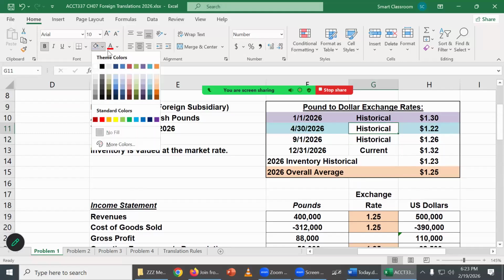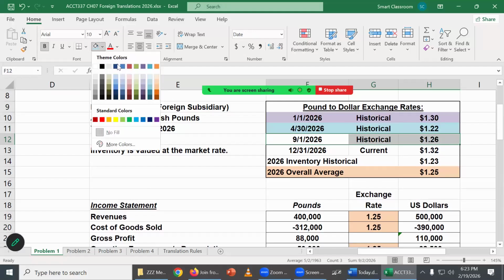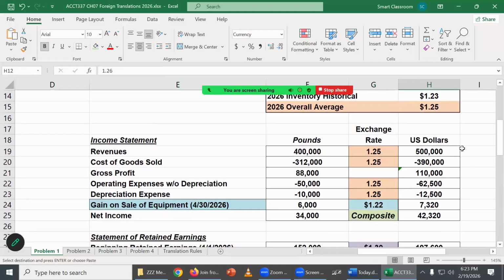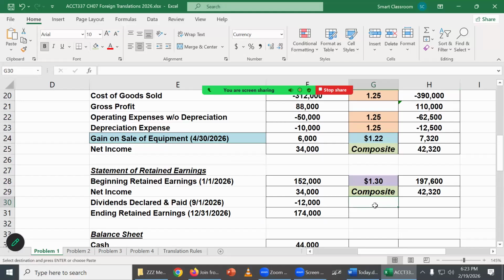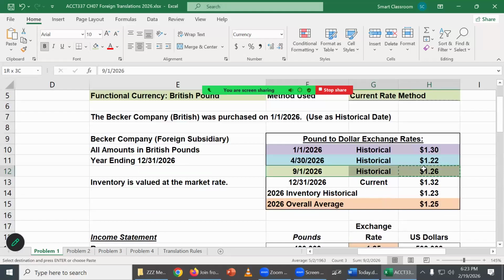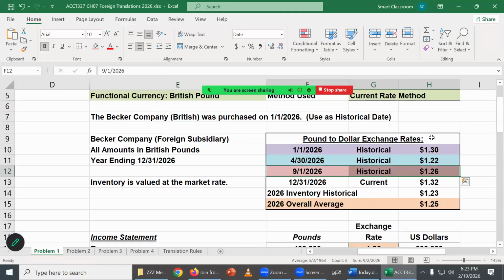Oh, that one. Okay, so 9/1, another historical one. It's green. Oh, it can't be green, you guys. I just realized we already got green for composite. All right, we got to start all over.